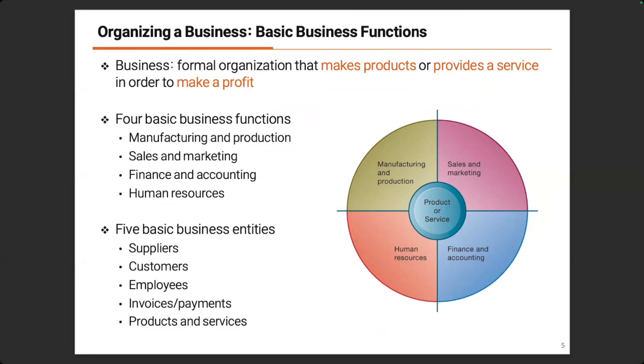We have to first define what a business is. A business is defined as a formal organization that makes products or provides a service in order to make a profit. Actually, a business firm wants to sell its products or services at a price greater than the cost of production.